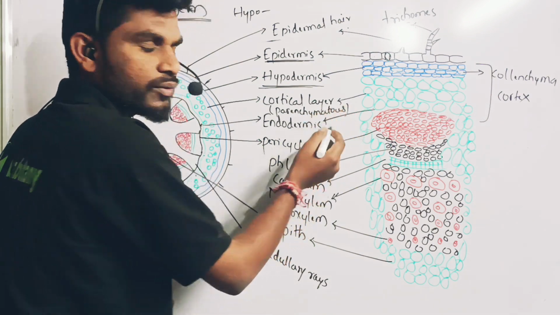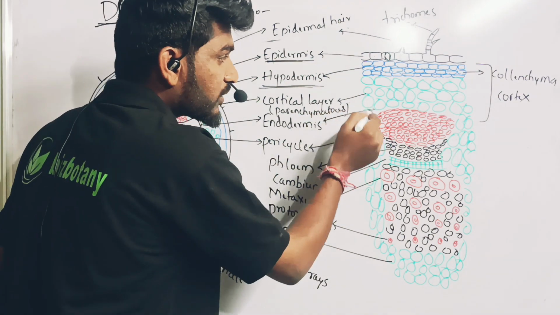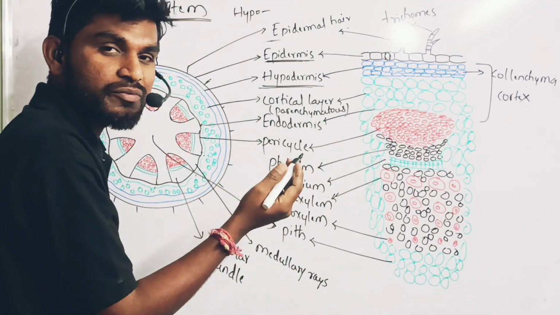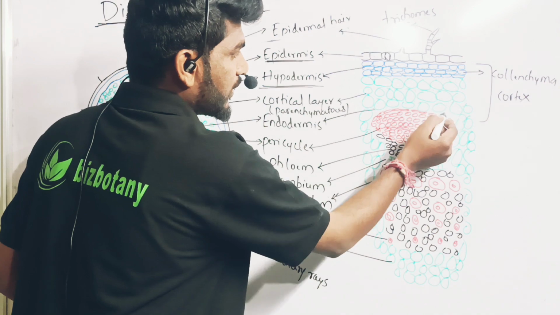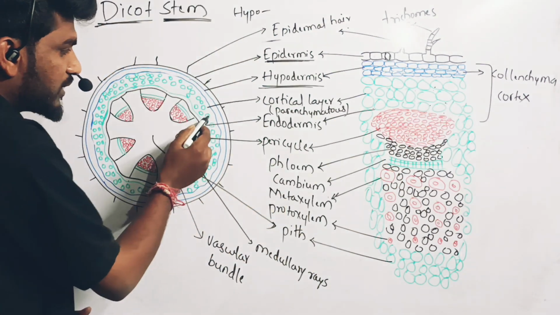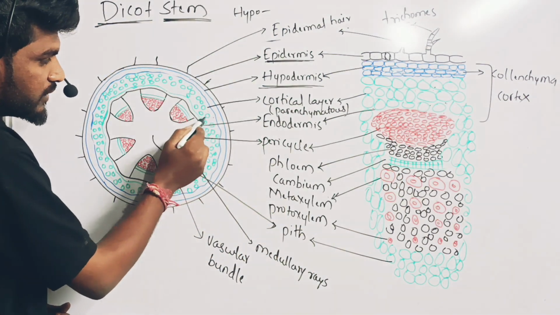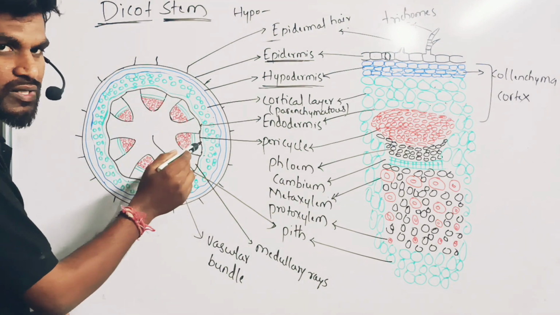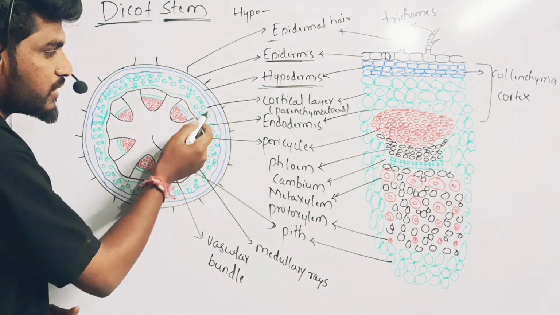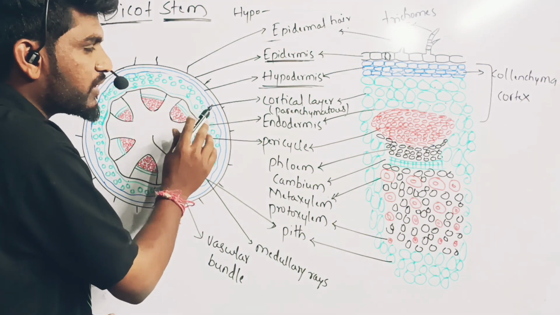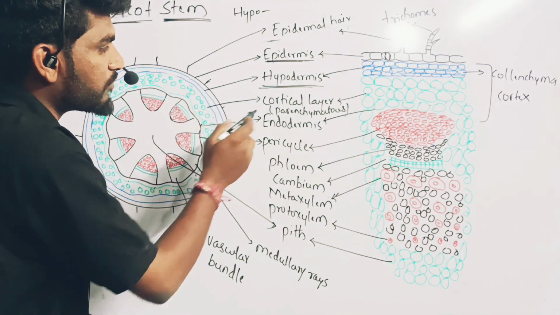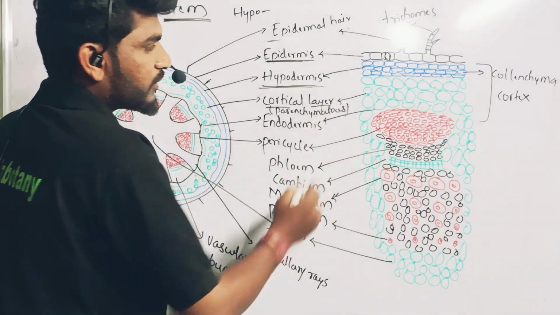They are round, thin walled, with clearly visible intercellular spaces. Here, what do you clearly see? You can see intercellular space. Here also, on both sides, you can clearly see intercellular space. The cells are rounded, thin walled, with clearly visible intercellular space. That layer we call the cortical layer.